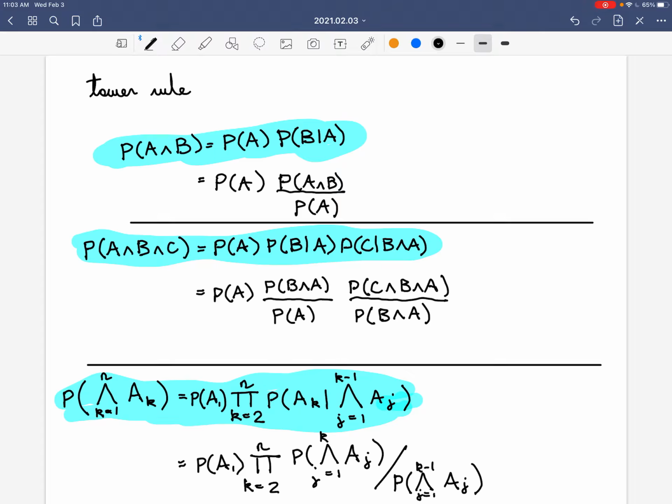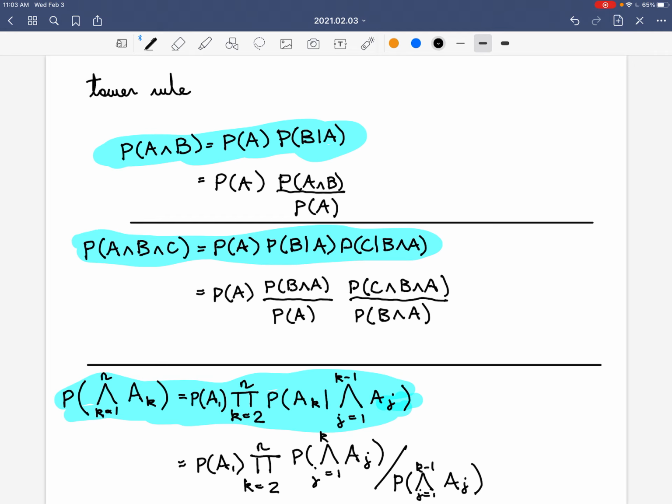And you multiply those together, and you get this way of calculating the probability of a conjunction using knowledge about conditional probabilities.